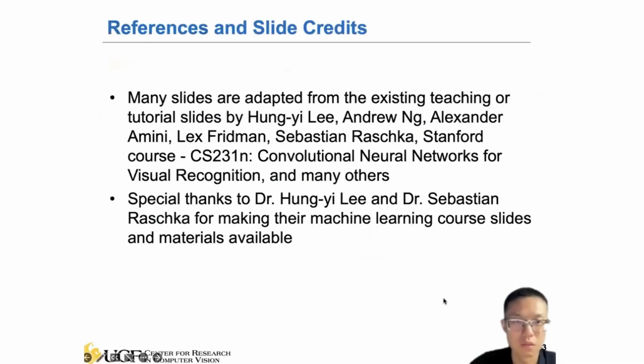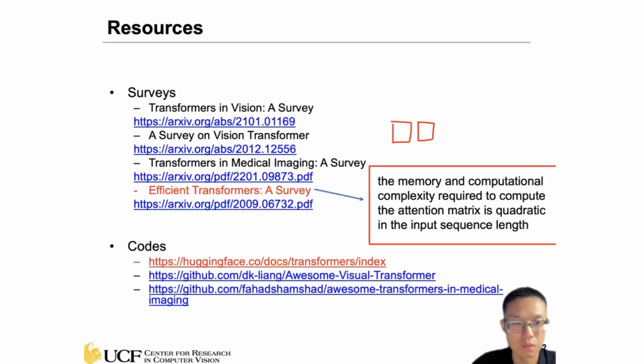Okay, let me go back. Okay, so yeah, that's actually the end of this lecture. So hopefully, counting this lecture, we spent 4 lectures to talk about the basic, simple, fully connected neural network, then CNN, recurrent neural network, attention mechanism, and now the transformer architecture.